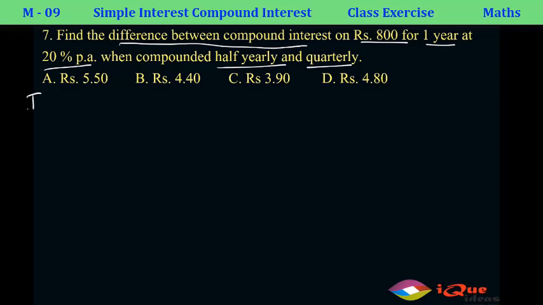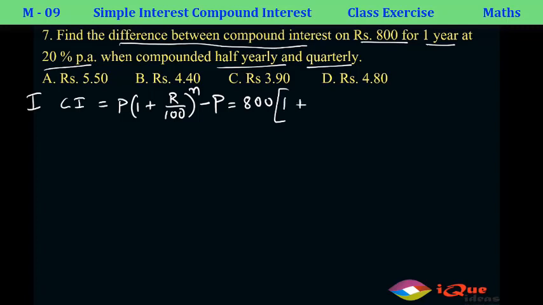So for the first case, when it is half yearly, the compound interest will be equal to amount minus principal. Now amount is P into 1 plus R by 100 to the power N, minus P. In this case, P is 800 into 1 plus rate, 20% is for the year. So for half year it will be 10 upon 100 to the power 2. In 1 year there are 2 half years, minus 800.